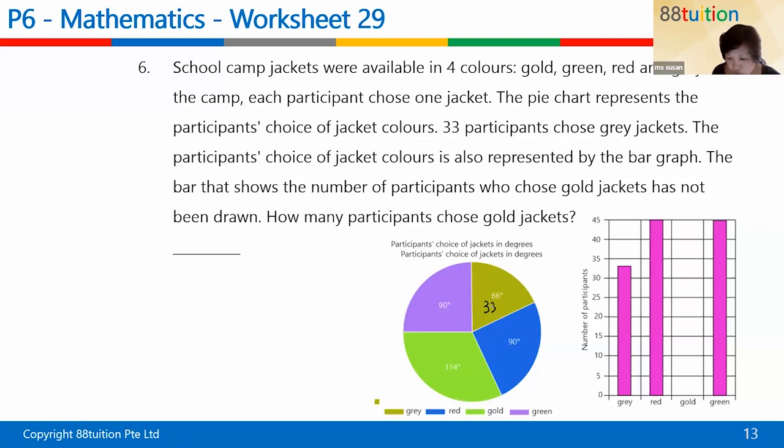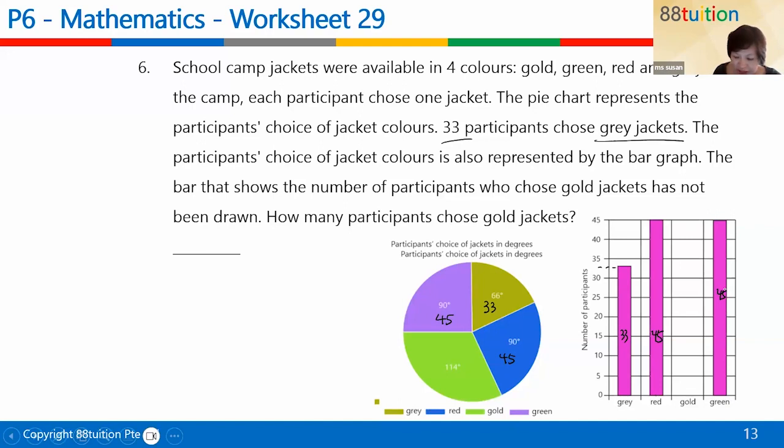The participant choice of the jacket is represented by the bar graph. So gray will be 33, right? I write it here. And the red is 45, so this one is 45. And the green is also 45. Okay, good. So I write here 45.